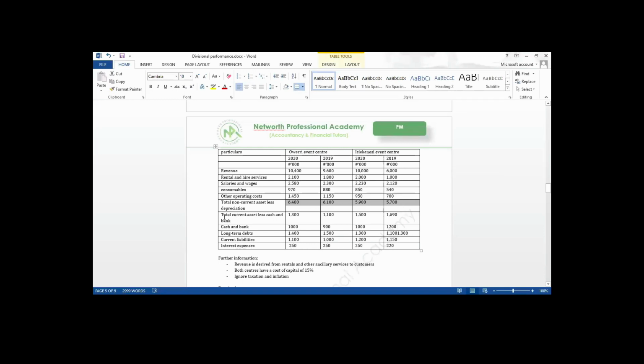Total current assets, less cash and bank: pick these figures. Cash is part of our assets: pick this figure. These three figures will give you total assets plus non-current assets. The three highlighted rows will give you the total assets of the business.